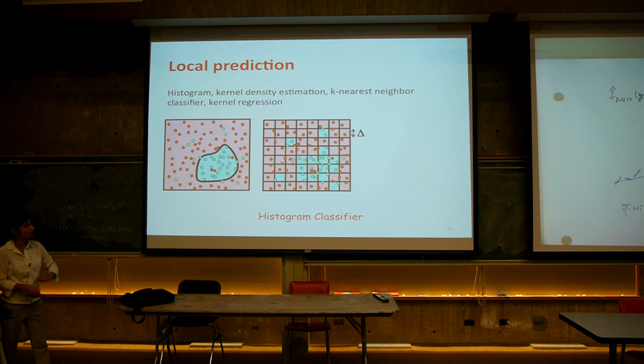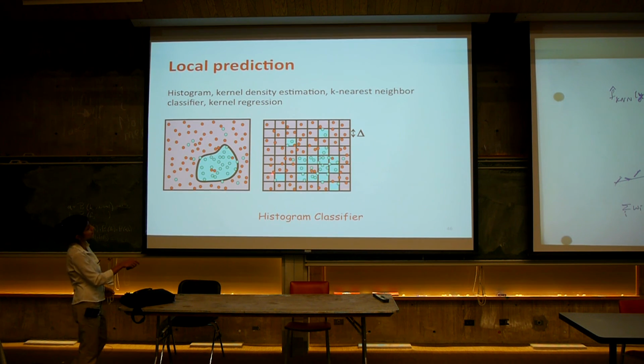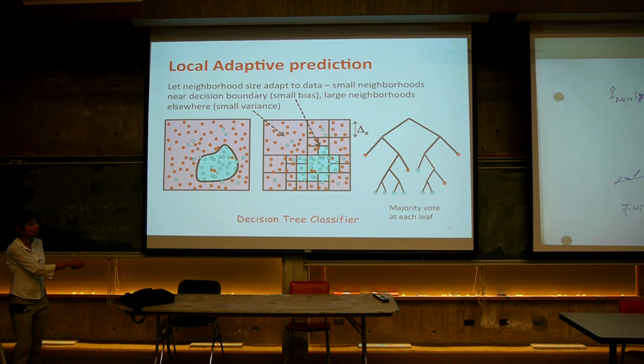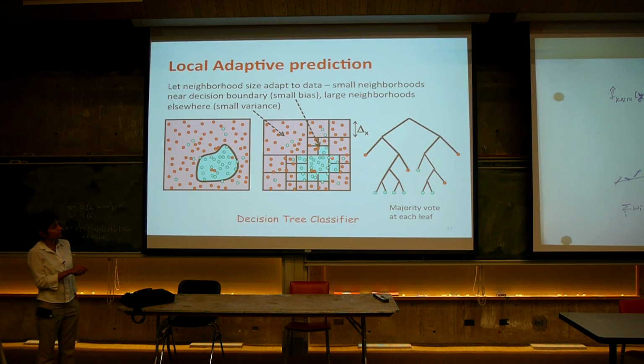So we can just take the same idea, and you would get some estimator which looks like this. Now clearly you can see that this is not a very good estimate, not a very good classification that you're getting out of this histogram classifier. Instead, if you did what we'll talk about either today or next class, decision trees, then you can get something like this. What's happening here is that we now have a spatially adaptive partition.